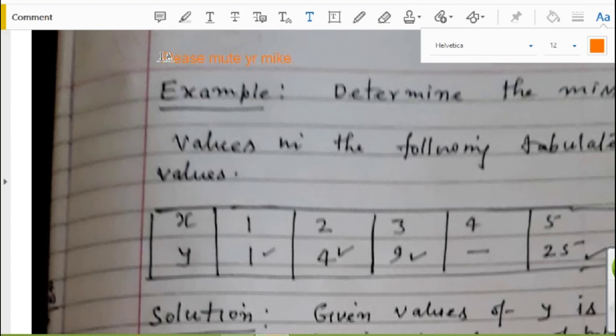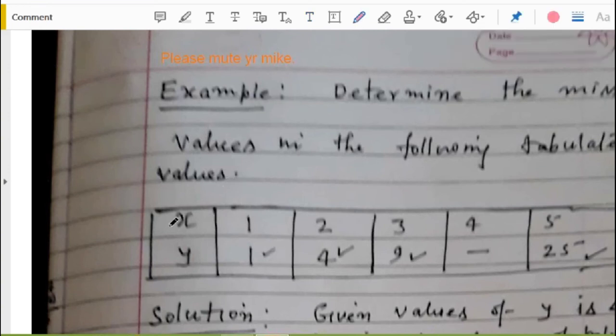In this example you are seeing that we determine the missing values in the following tabulated values. Here x is the argument and y is the value of the function.